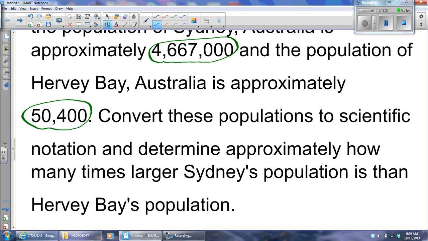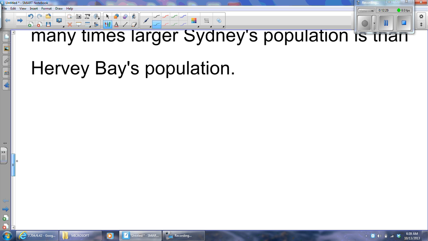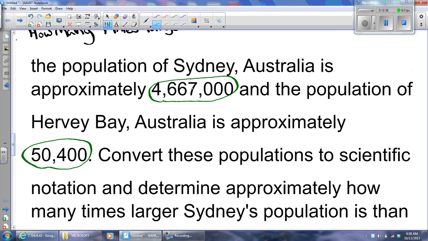So first I'll do Sydney, which is going to have to be 4.667, right? And how many times? Well, it looks like it's going to be times 10 to the sixth. 1, 2, 3, 4, 5, 6 right there. Yep. So that's times 10 to the sixth.